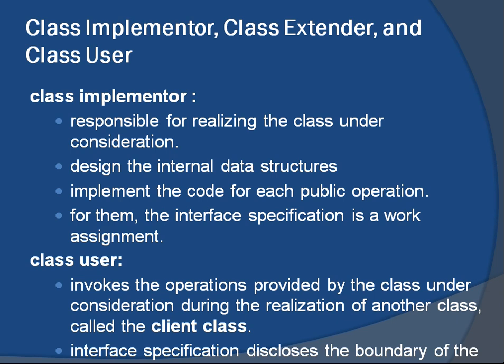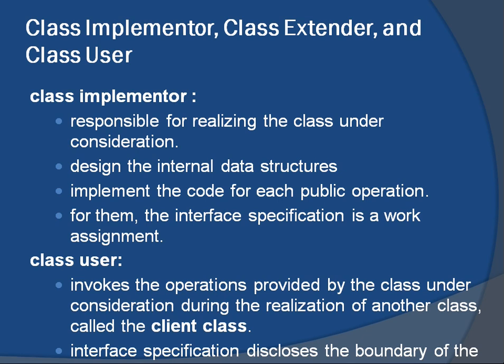Let us see what we mean by class implementer, class extender, and class user. Now the role of class implementer is realizing the class under consideration. It is responsible for realizing the class which is under consideration. Then design the internal data structures.